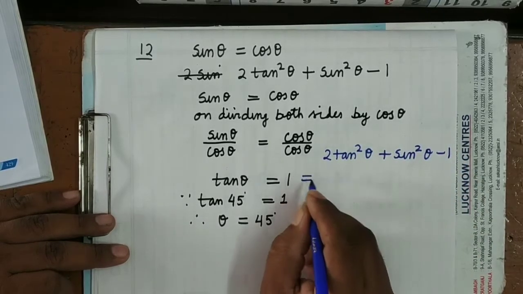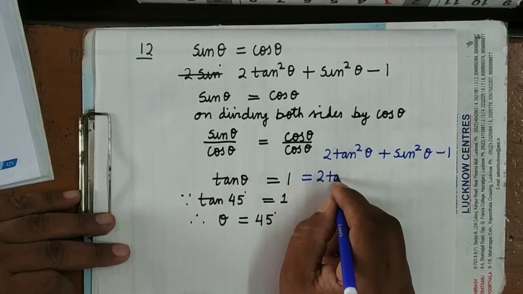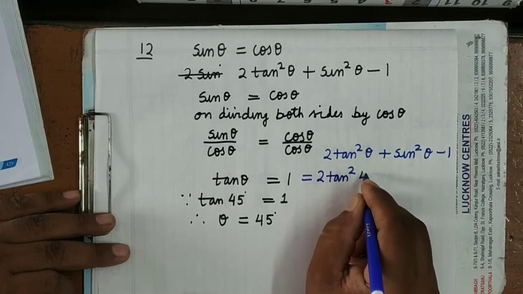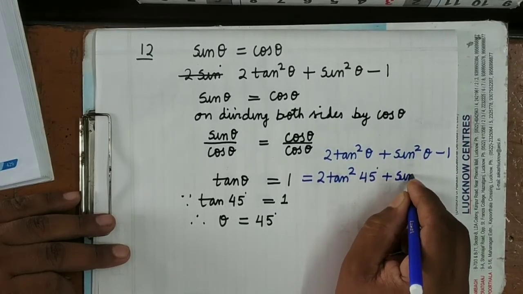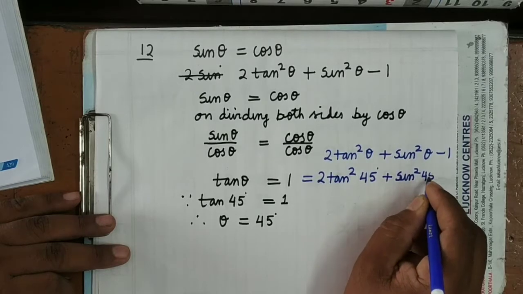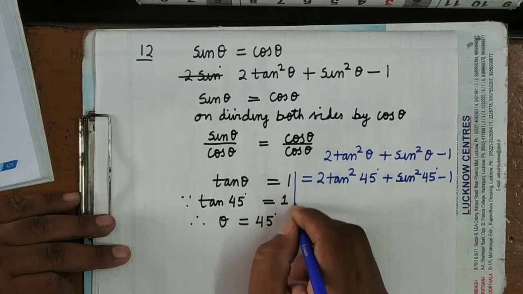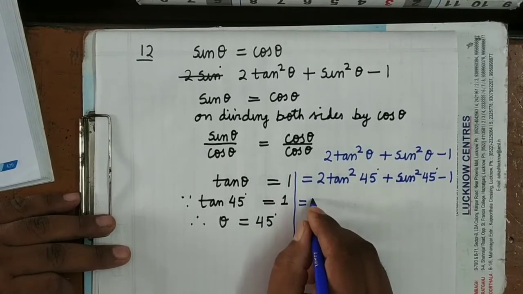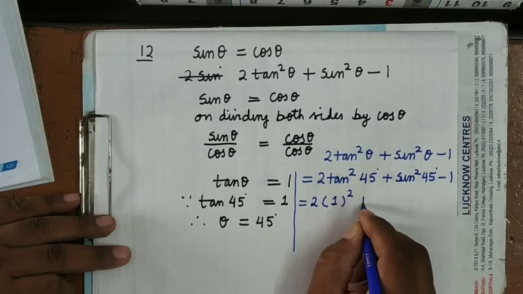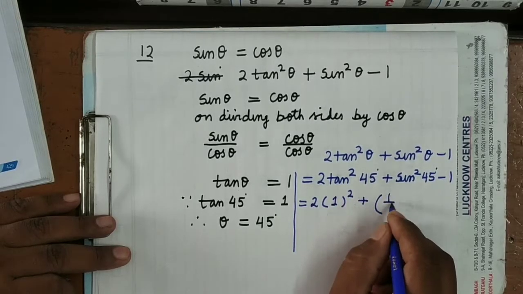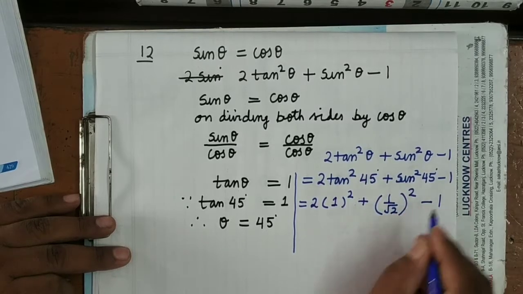Now you substitute here theta equals 45. 2 tan square 45 plus sine square 45 minus 1. So see here, as we know that tan 45 is 1, so it is 1 whole square. Sin 45 is 1 upon root 2, so 1 upon root 2 whole square minus 1.